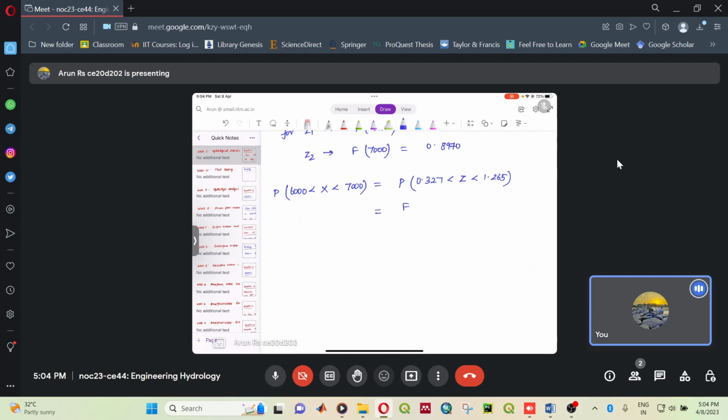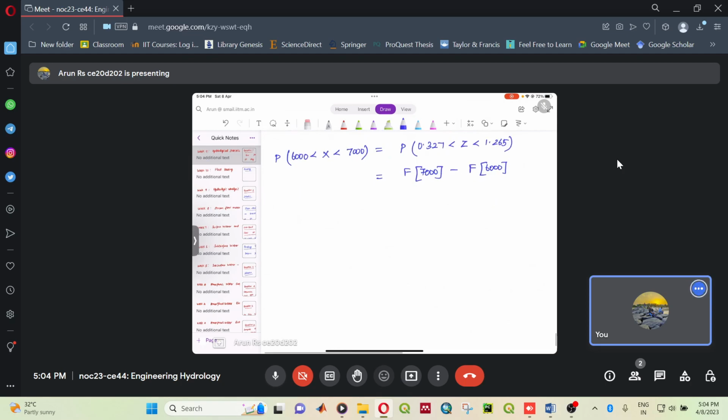This can be written as F of 7000 minus F of 6000, that is equal to 0.8970 minus 0.6285. So this will be equal to 0.268. The probability is only 26.8%. So this is the first part of the question.